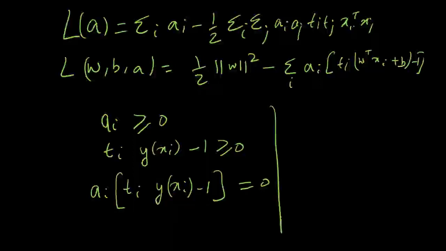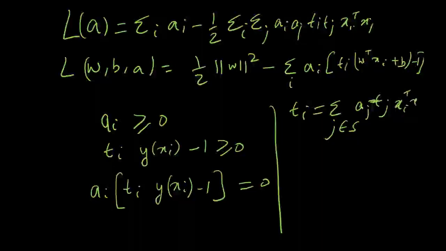What we can get for b is that t_i is going to be the sum over all the points that belong to support vectors, where a_j is non-zero, of a_j t_j x_i transpose x_j, plus b.